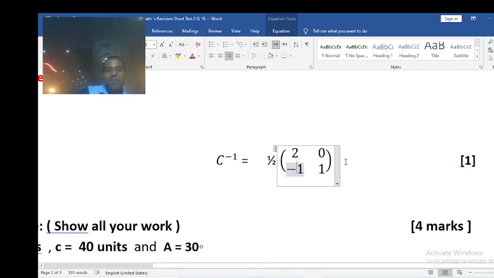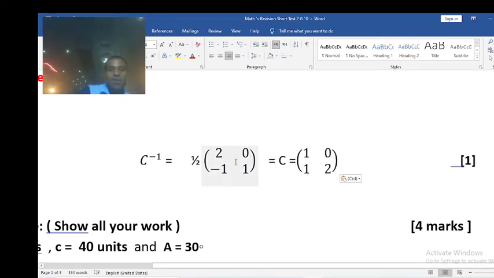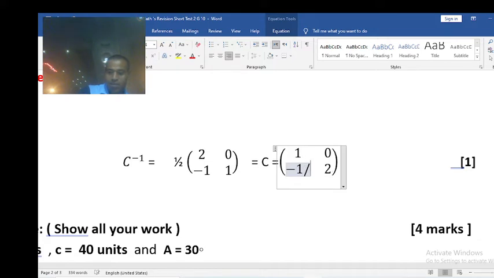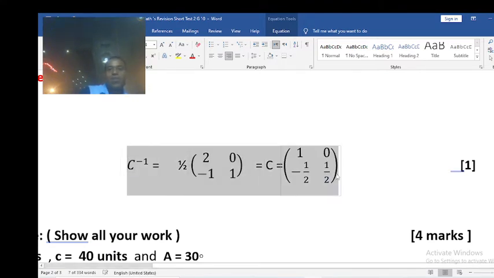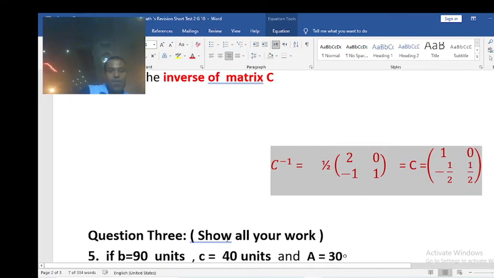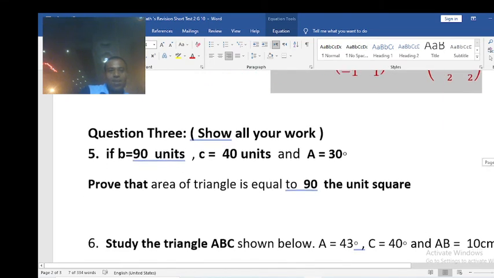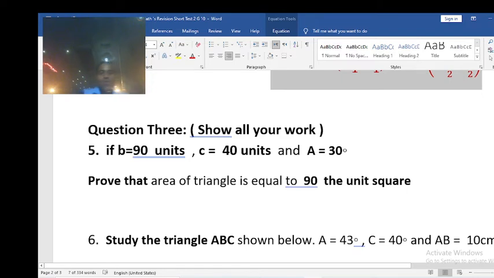Then simple multiplication gives: half of 2 is 1, half of 0 is 0, half of minus 1 is minus 1 divided by 2, then half multiplied by 1 is 1 divided by 2. Now I finish finding C minus 1. Clear, my learners? I wish that is correct for you. Okay, now the next question, question number 3 is show all your working.